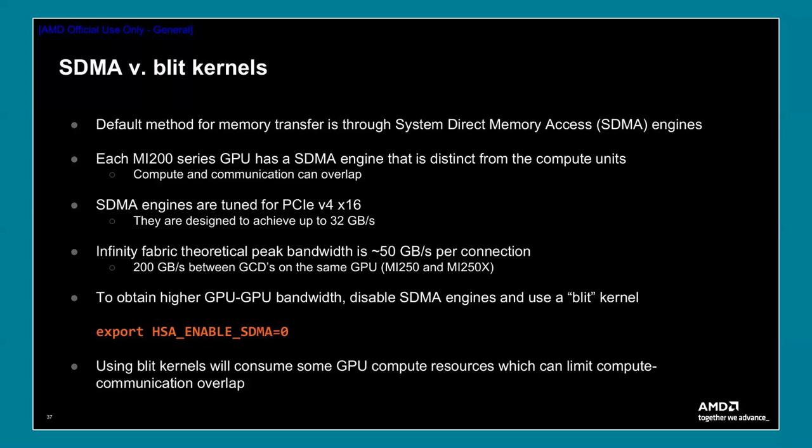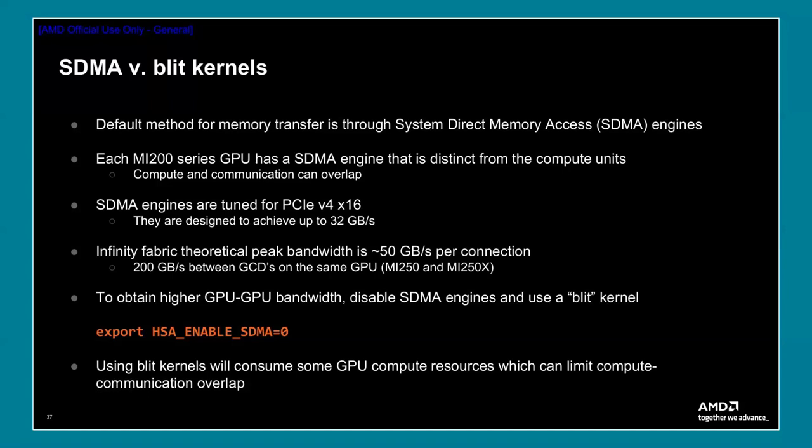If we have 50 gigs per second per connection between two GCDs on the same card, we know the upper bound is 200 gigs per second. Between some GPUs, it's 100 gigs per second because there's two connections of Infinity Fabric. So the point is that the Infinity Fabric hardware does give you a bigger upper bound, but the SDMA engines aren't really designed for Infinity Fabric.